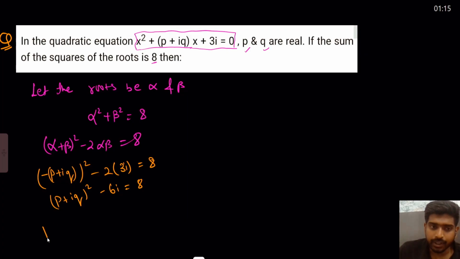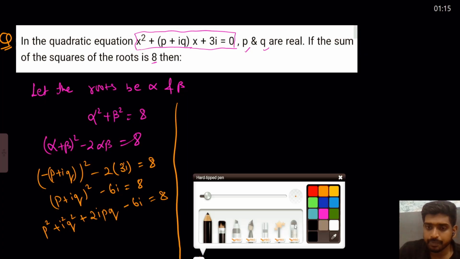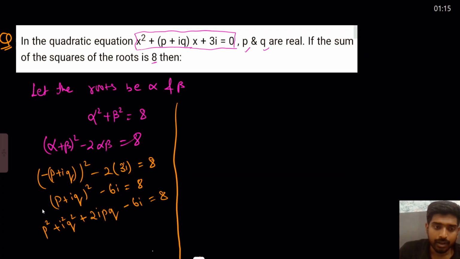Now expand this one. Here we'll get p square plus i square q square plus 2i pq minus 6i is equal to 8. Got it. Now next step. Here i square is minus 1.